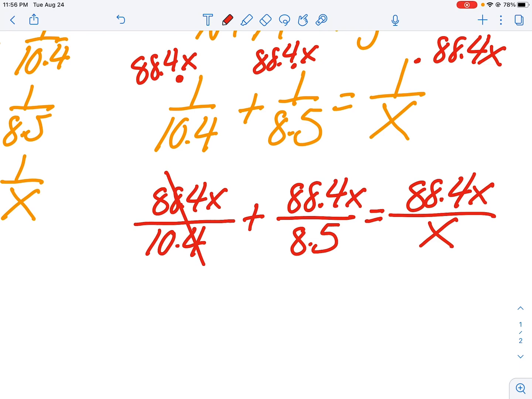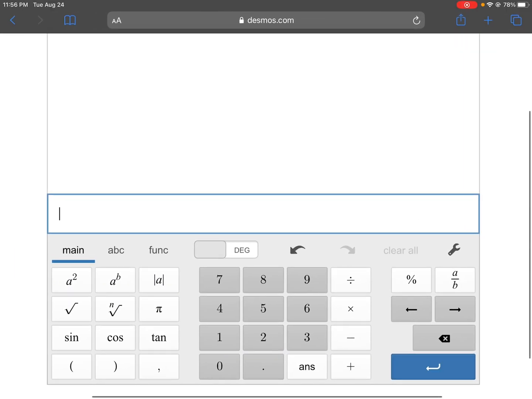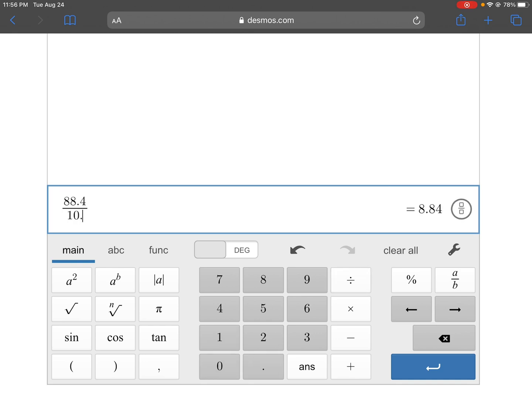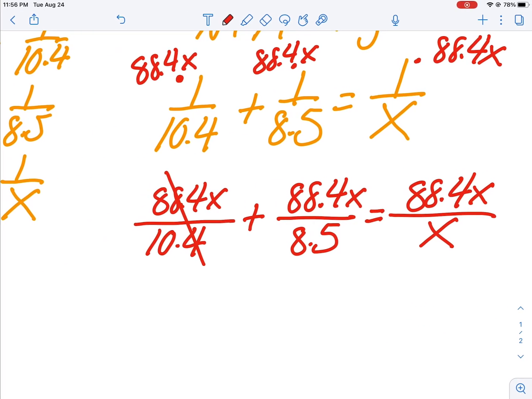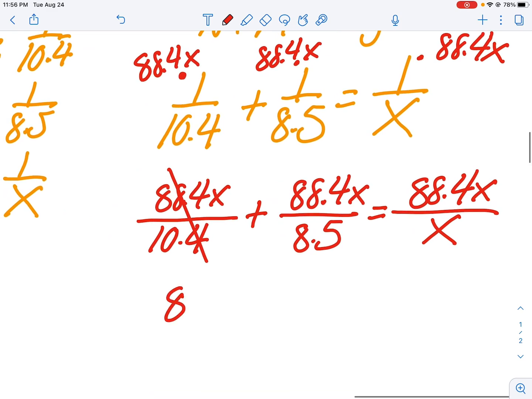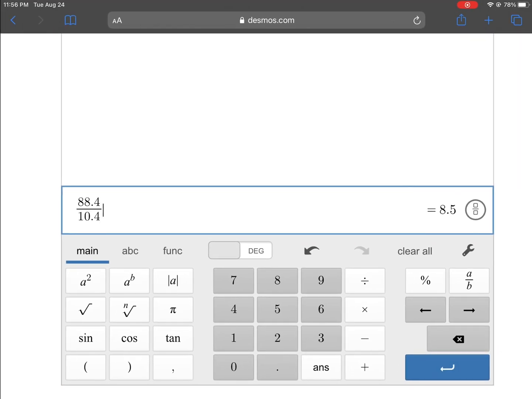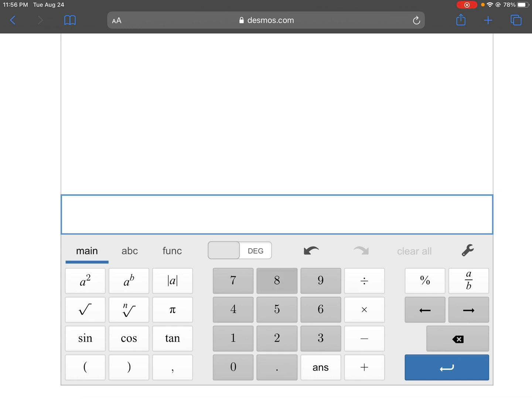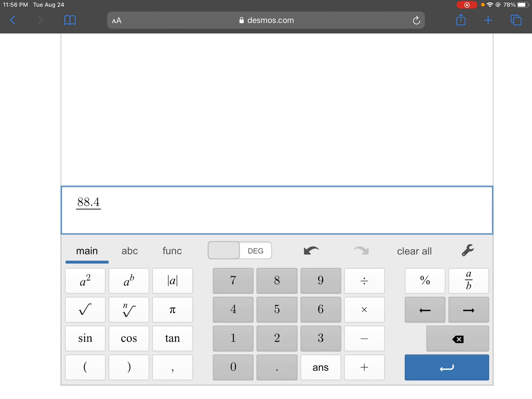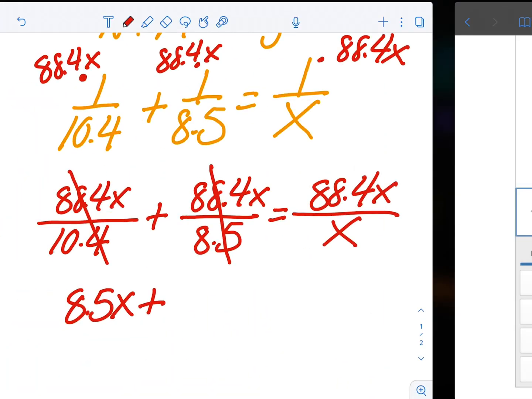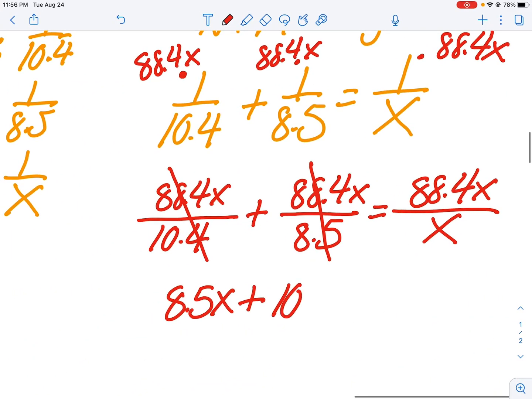88.4 divided by 10.4 gives us 8.5, and we bring down the x. 88.4 divided by 8.5 is equal to 10.4, and this x comes down just like this x came down.